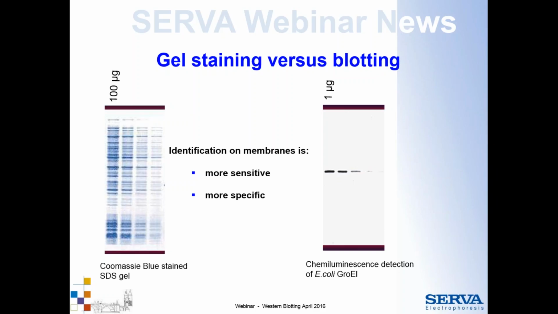But in blotting you will have a much more sensitive and a much more specific detection system because of the antibodies used. With the help of the antibody you can determine a special target protein, and you can answer the question whether it is present or not.